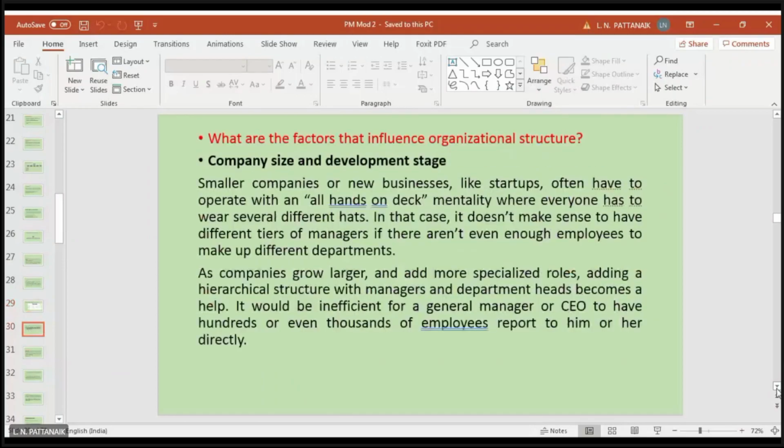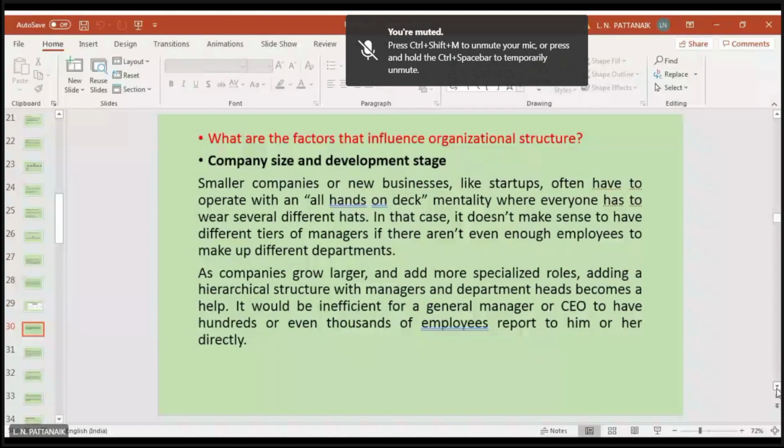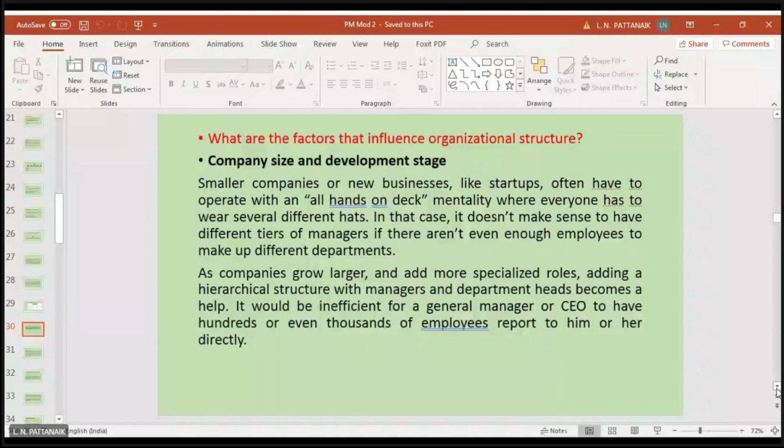Okay, now let us have some discussion. As you have seen, there are many organizational structures which are possible, right? Each has its own pros and cons, and it has some kind of effect on the employees and overall performance of the organization, because different organizational structures will give different kinds of motivation or mindset to the people, right?